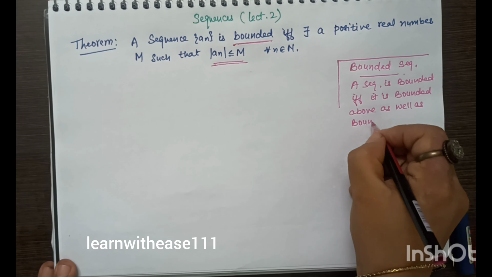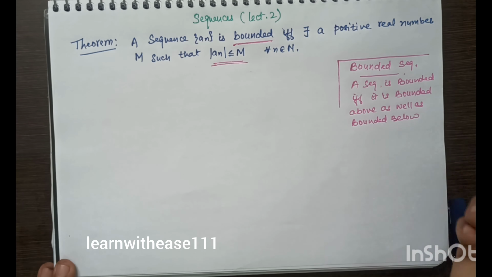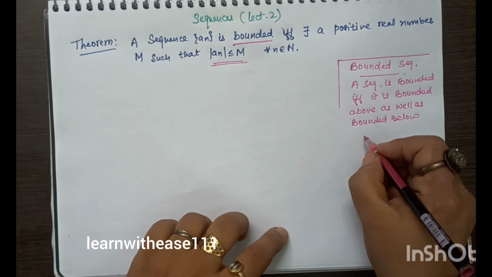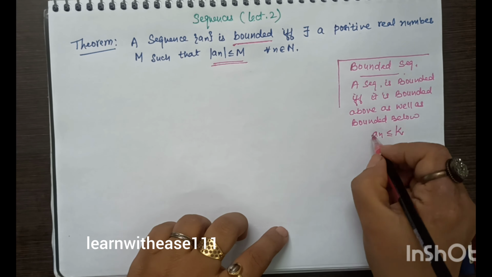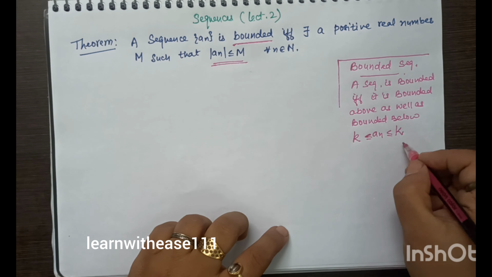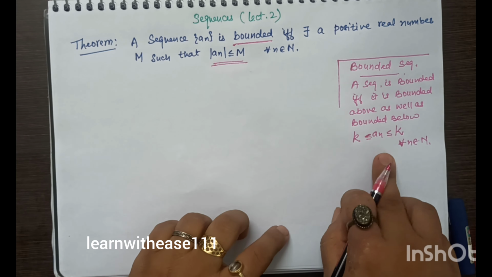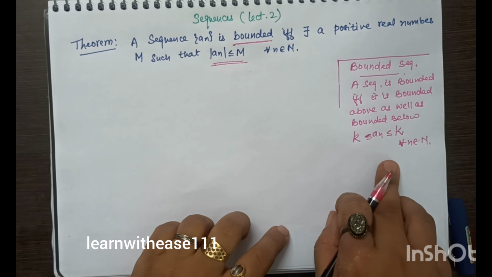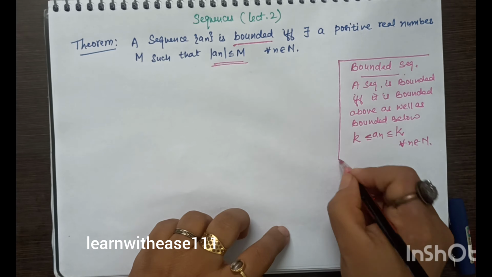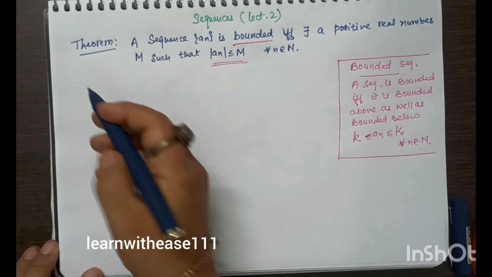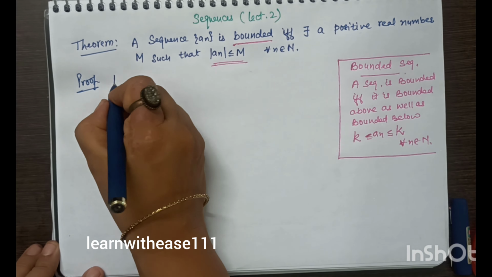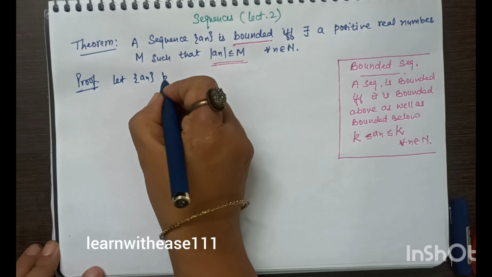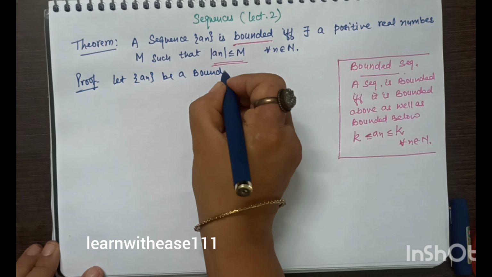The mathematical way to write this is: there exist two bounds of the sequence such that a_n is less than or equal to K from the upper side and greater than or equal to small k, the lower bound, from the lower side. This condition is true for all natural numbers, meaning every term of the sequence is bounded between these two real numbers, small k and capital K. Then we say the sequence is bounded.